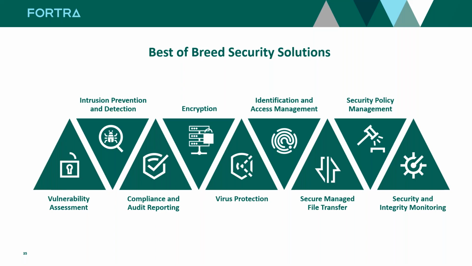If you want to start encrypting your data in place or in flight, we have solutions for you. Virus protection, we talked about the IFS. It was one of the number one things that you guys are concerned about, access into the integrated file system. And that's the window that viruses come in through for the IBM i. Identification and access management. So really managing your user profiles, managing that life cycle, making sure people are on the system that should be on the system, and when they don't need that access anymore, making sure that they don't have it.